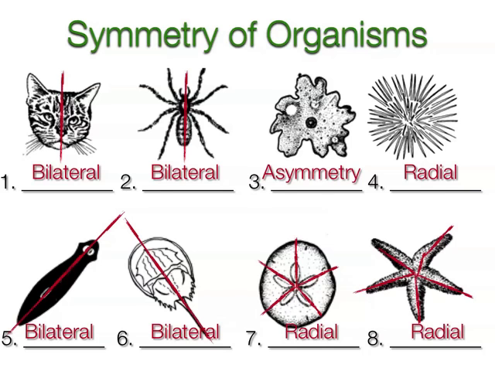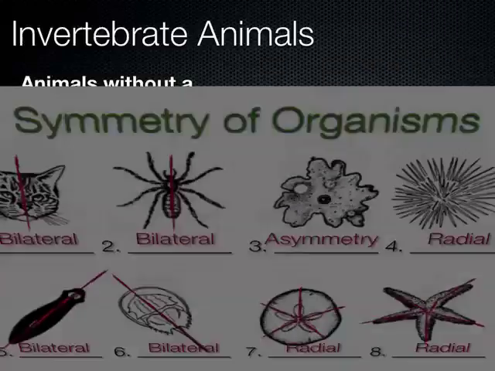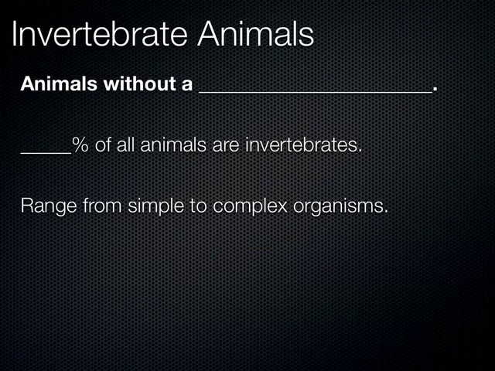All right, that'll leave us time for just one invertebrate group. Invertebrates are animals without a backbone or spinal column. If I ask you to envision an animal in your head, probably almost all of you are thinking of a vertebrate, most likely a mammal.